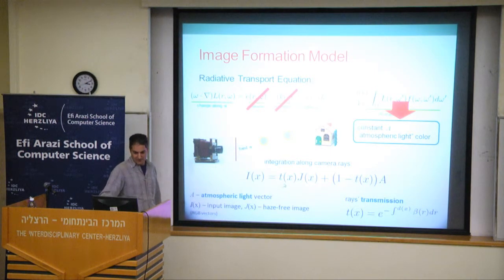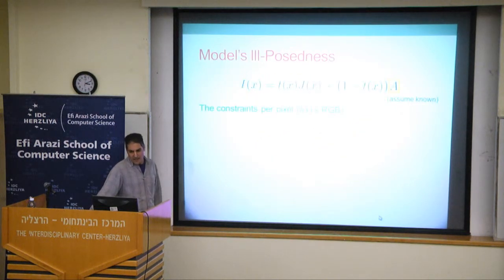The scalar T and 1 minus T, so T is the transmission. It's the amount of visibility that can change at each pixel in the image. Both I and J and A are three-dimensional vectors in case of RGB images, and T is a scalar between 0 and 1. It's given by this term here.